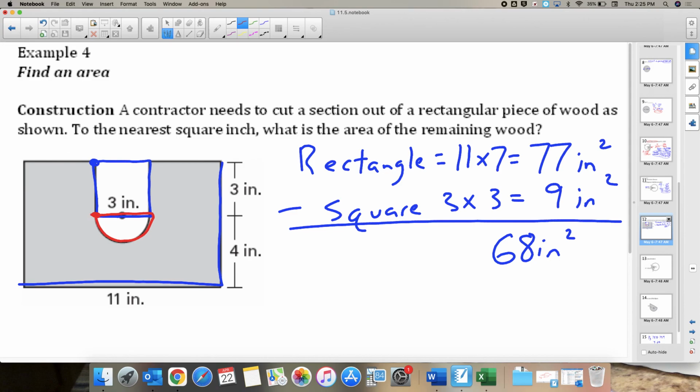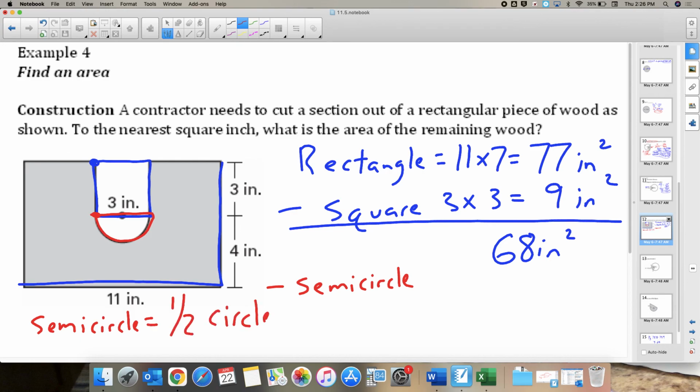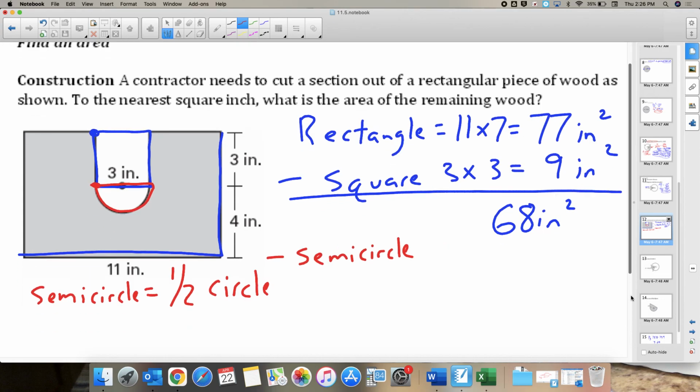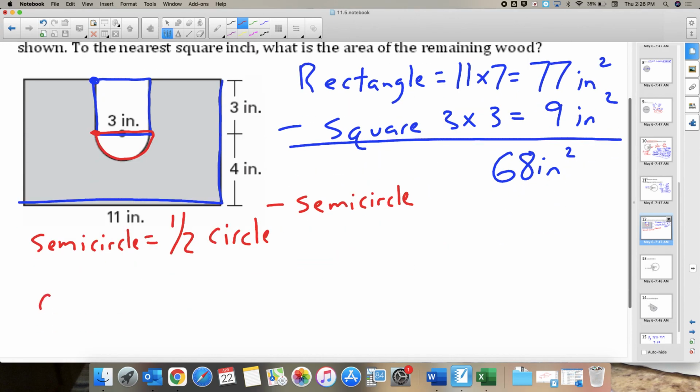Now the next thing I'm going to cut out is my little semicircle that's here. So I need the area of my semicircle. It is 1/2 of my circle. So the circle area equals pi r squared.